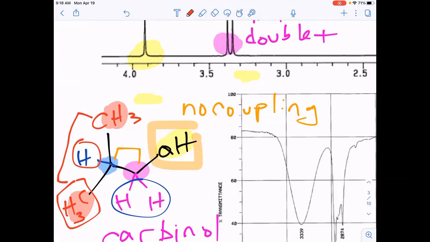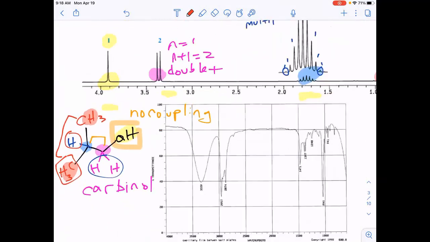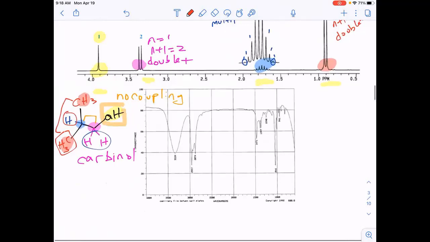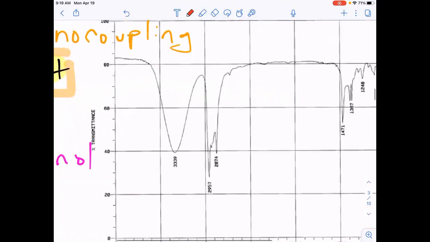All right, and then let's look at the infrared right quick. What stretch in the infrared is going to confirm to us that this is the right compound for this spectrum? I look at the hydroxide one. I just know that's the first one. Right here, the hydroxyl stretch.